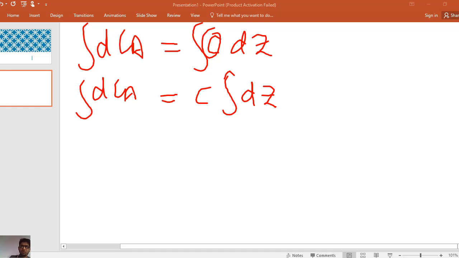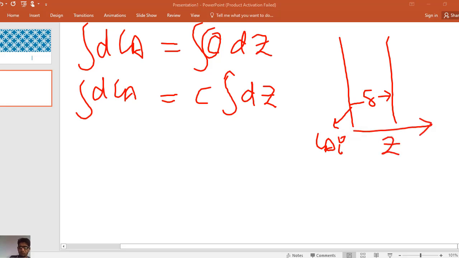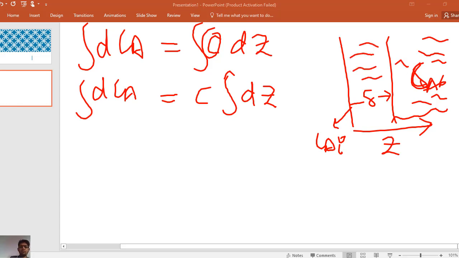When z is equal to 0, suppose this is the thickness of the stationary liquid layer, the concentration of A is CAI. This is the z, this is the bulk, the concentration of A is CAB, this is the bulk liquid thickness. Now when z is equal to 0, at this place the concentration of A will be CAI. So let's simplify this equation.